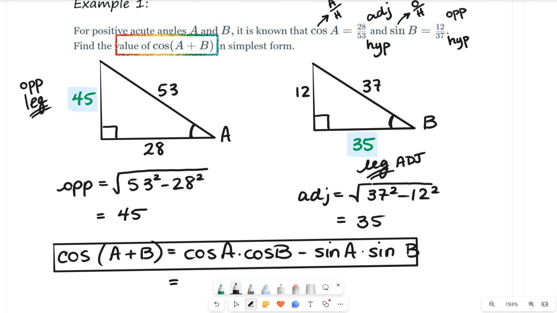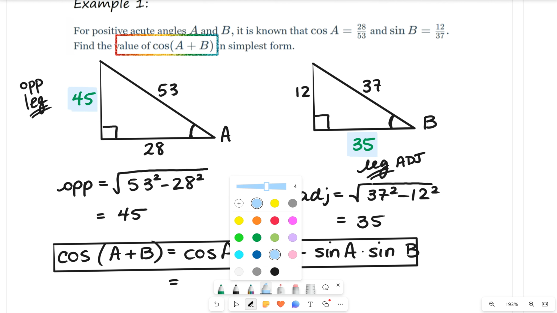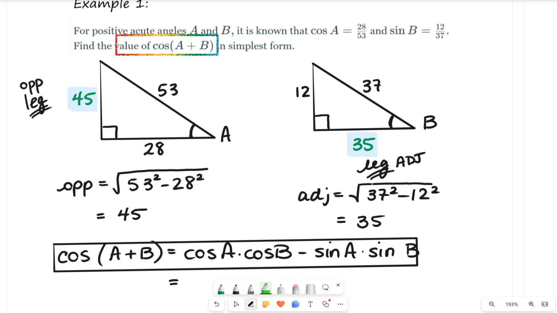Here's what I want you to realize, and I'm going to erase these little notes that I wrote up here. I want you to notice that I've been given some of that formula. Cosine A was given to me upstairs, and cosine A was given to be 28/53. So right here in place of cosine A, I am going to put the ratio 28/53.